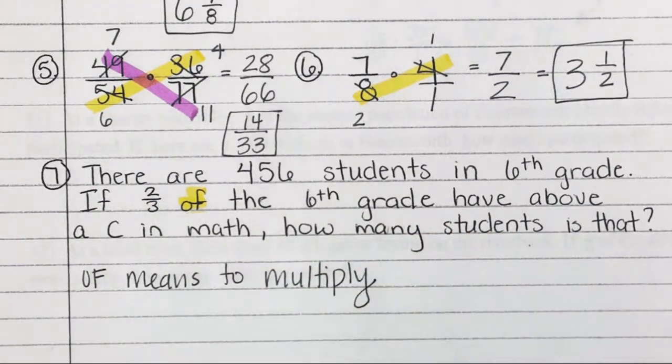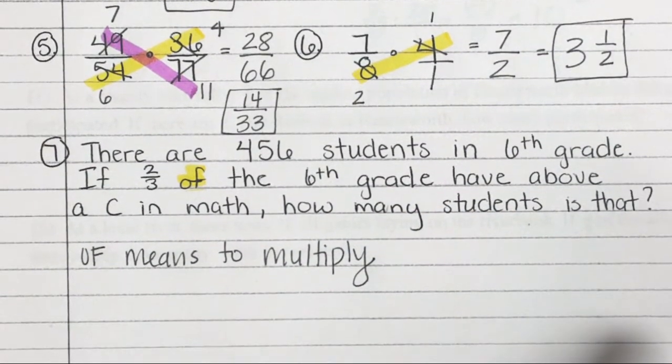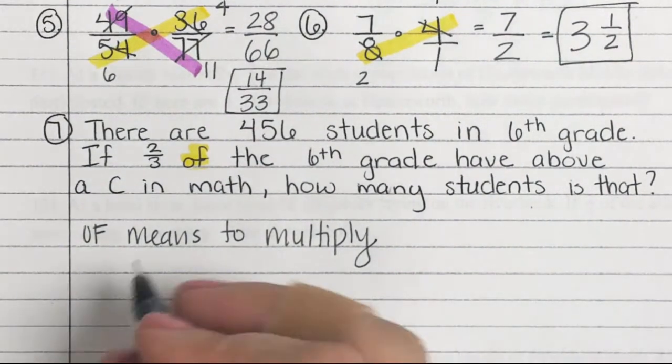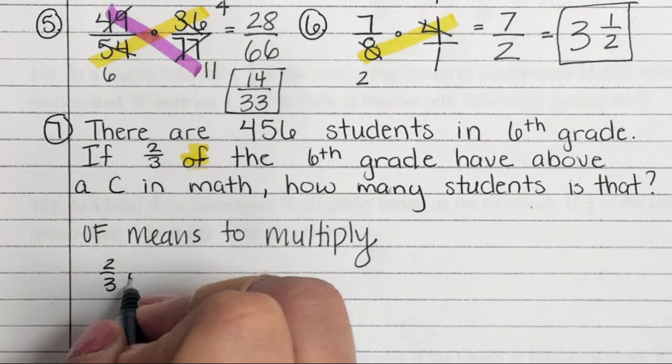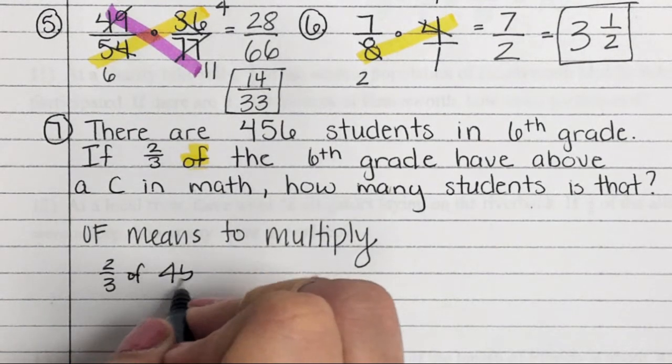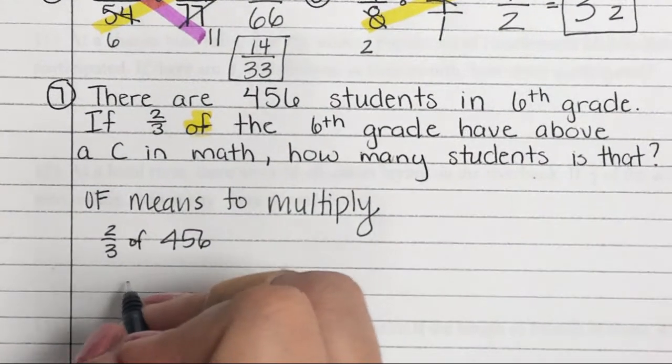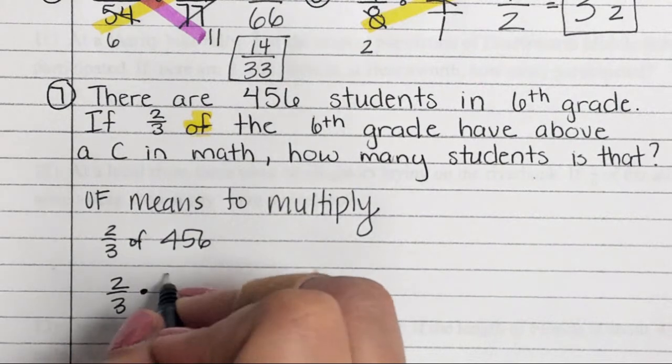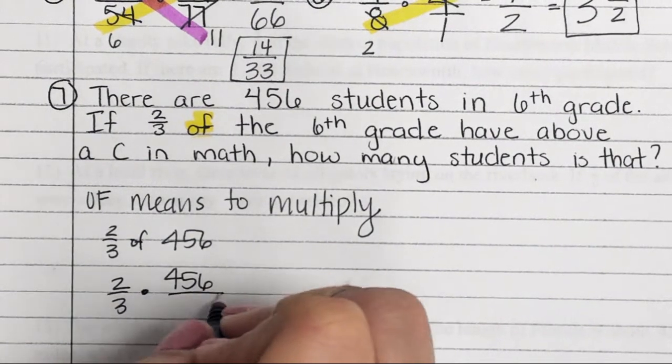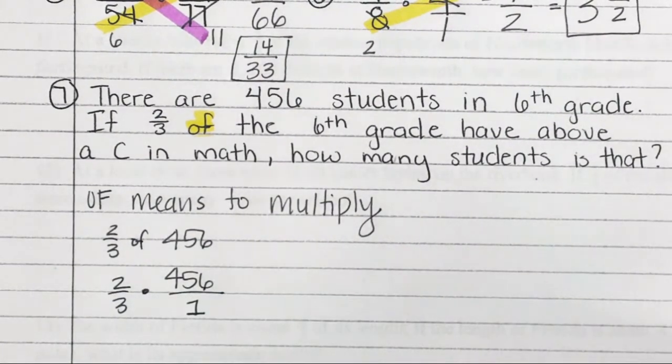If I want 1/2 of something, I'm going to multiply it by 1/2. So we could look at this as 2/3 of 456, which would be the same thing as 2/3 times 456 over 1.